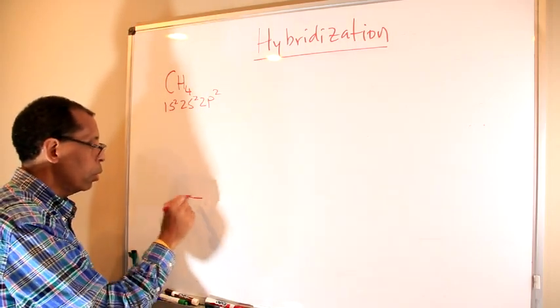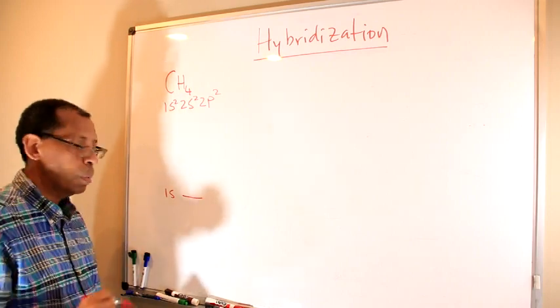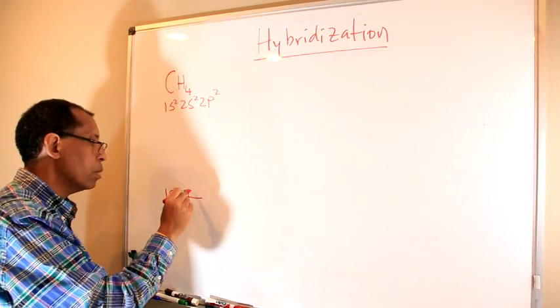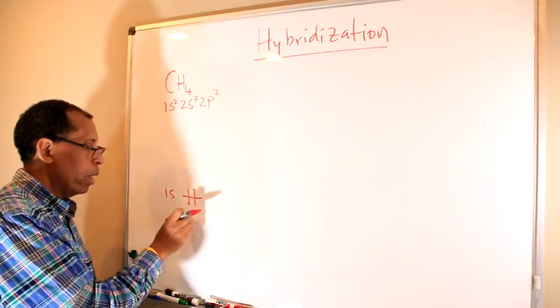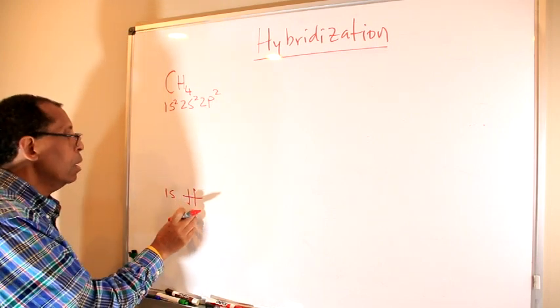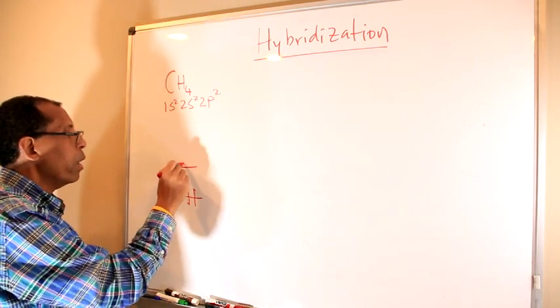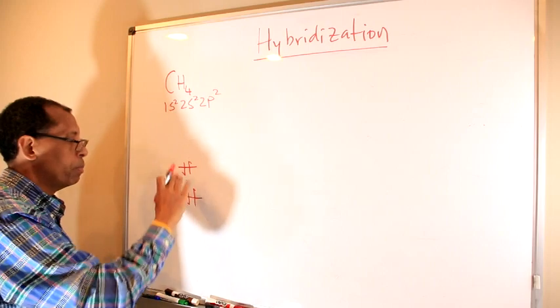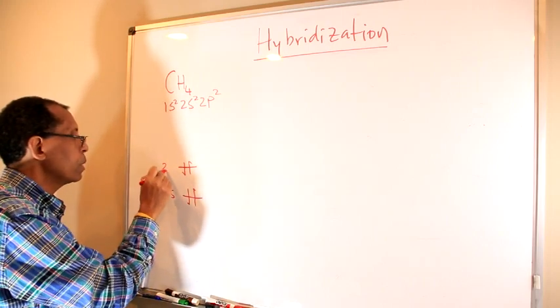For example, the lowest is 1s energy. If you remember in your general chemistry, there are 2 electrons in the 1s. In the next, 2s, there are 2 electrons with the spins up and down.